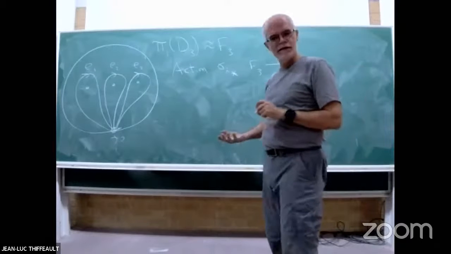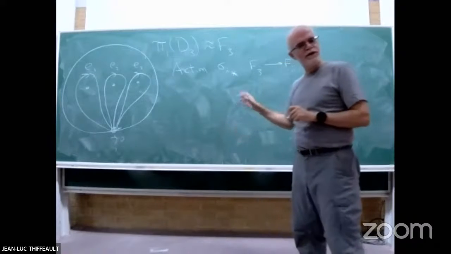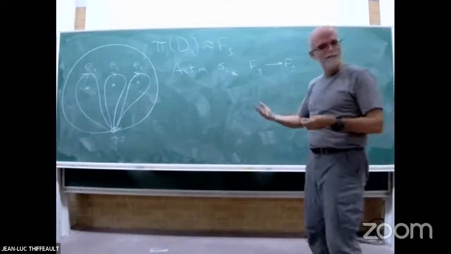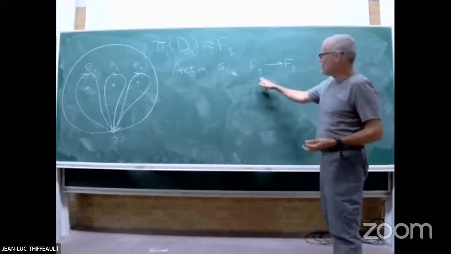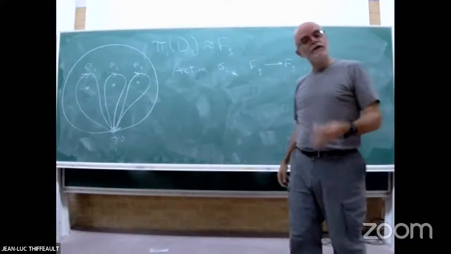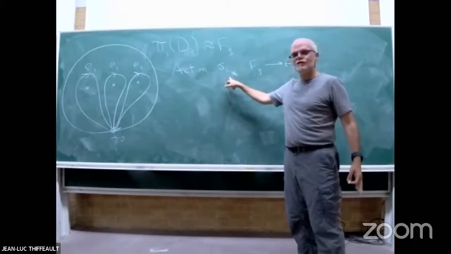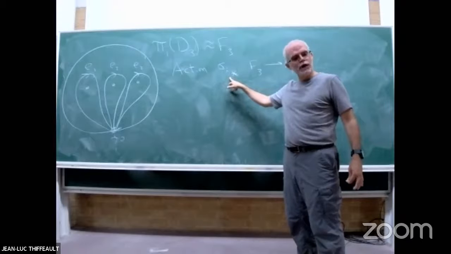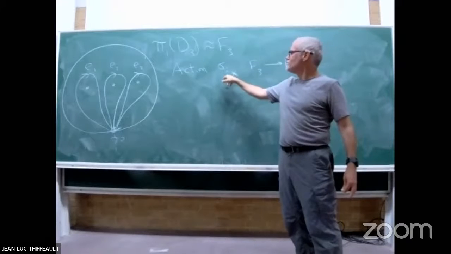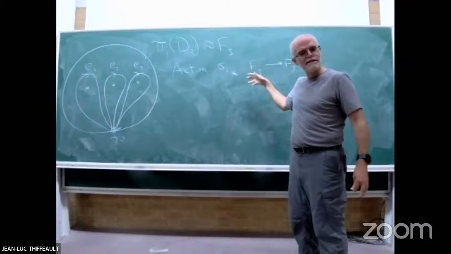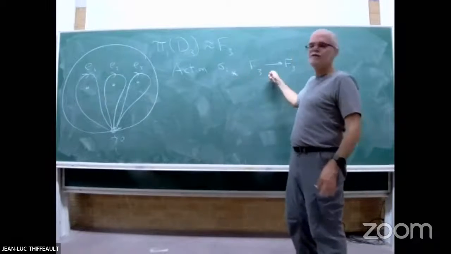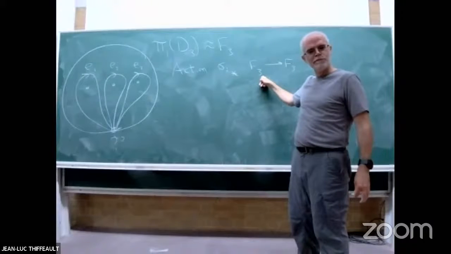So how am I going to do that? I'll say a bit more about what an action is, but an action is exactly what it sounds like, right? It's a map, but the important thing is it's a group homomorphism, meaning that the action itself respects the group properties. So in other words, if I were to do sigma I star followed by sigma I star inverse, that would have to be the identity map on F3.